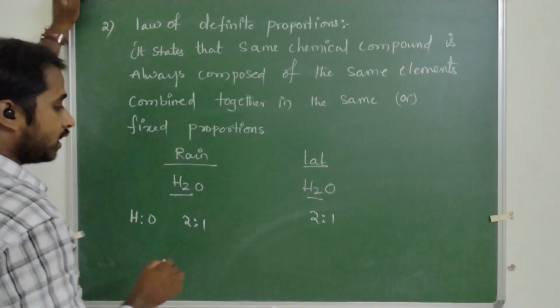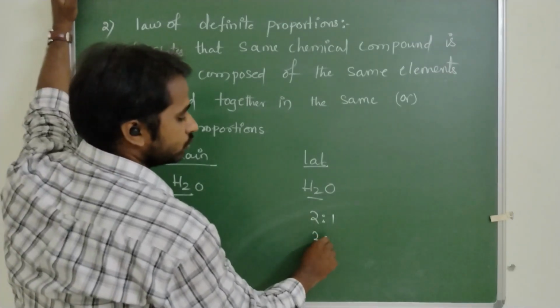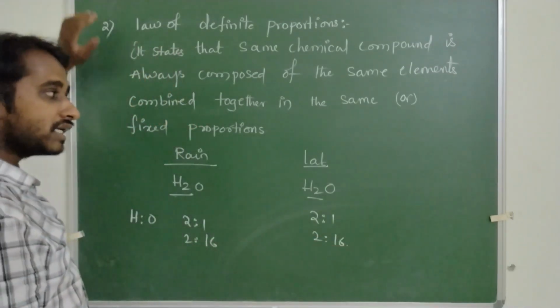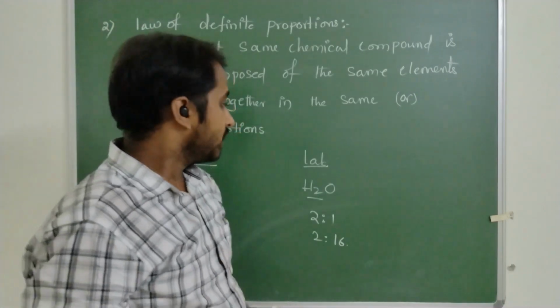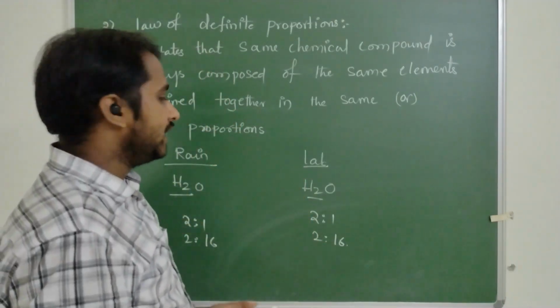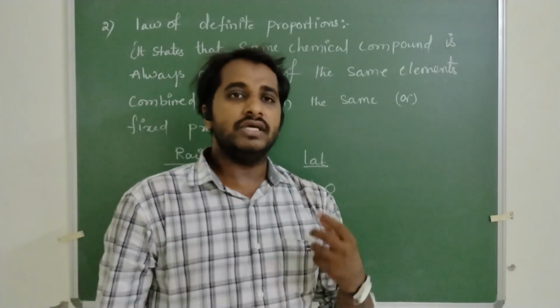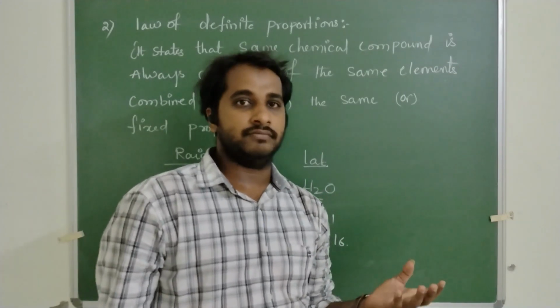Even if you take the mass ratio, 2 is to 16, here also 2 is to 16. So what it means is, either it is lab water or rainwater, irrespective of the source, it always contains the same composition of the elements with respect to their masses.